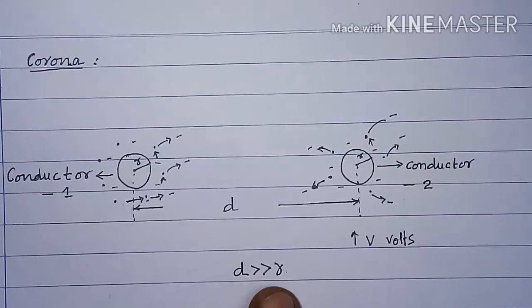If D is much smaller than R, in that case, corona may not occur before flashover, or very little corona may occur.